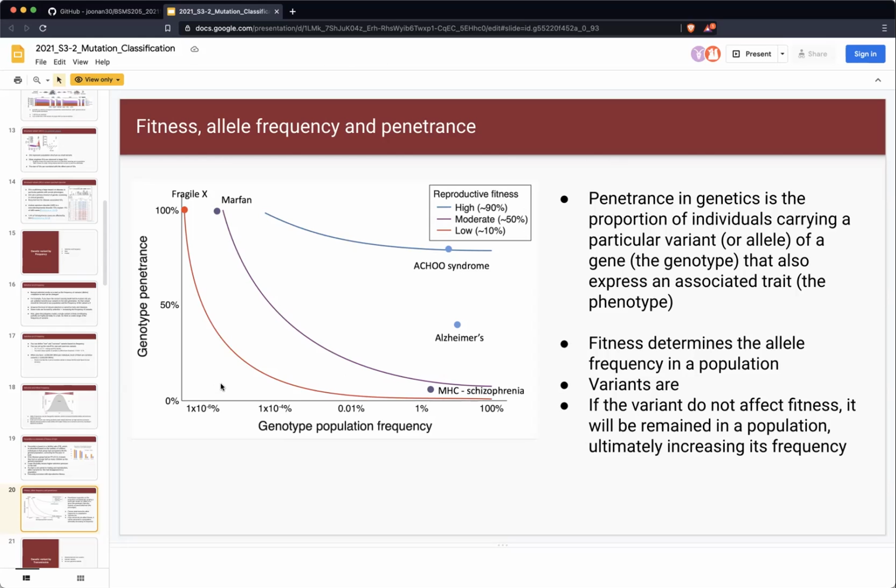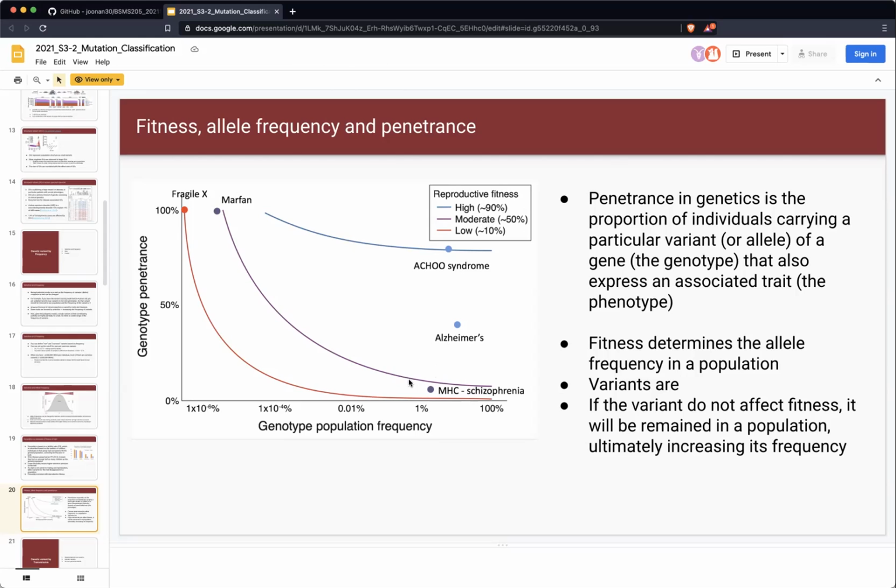So this is a different situation from Marfan or Fragile X, because if the mutations are to develop schizophrenia risk, they have to be multiple, like millions, and then they can develop schizophrenia. So you can say that moderate fitness can be observed in schizophrenia, but in this case a single mutation from this area has quite low penetrance, right?